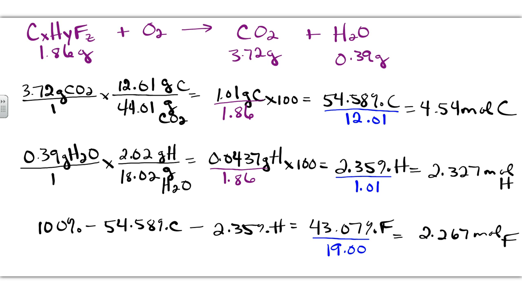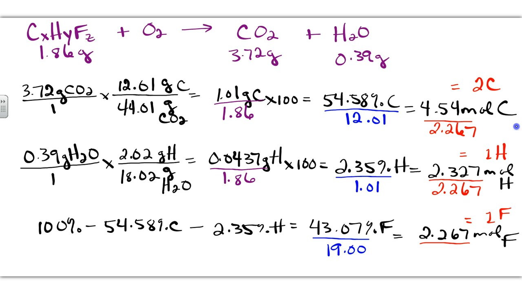Now we're going to divide each one by the smallest, which is 2.267. This gives me 2 carbons, 1 hydrogen, and of course 1 fluorine.